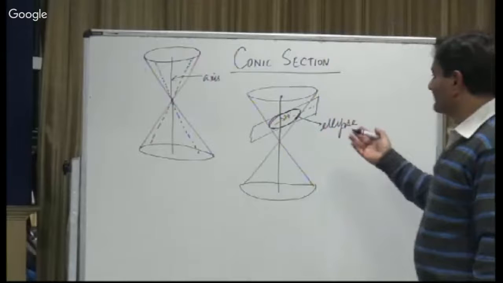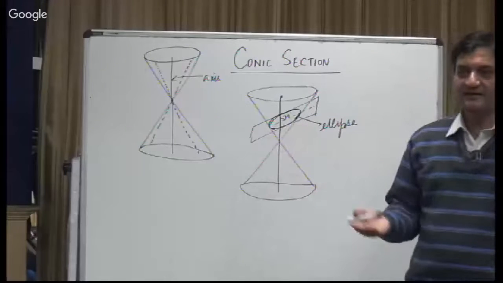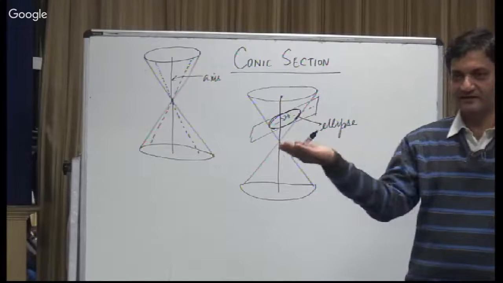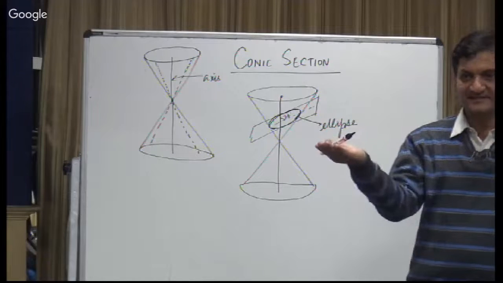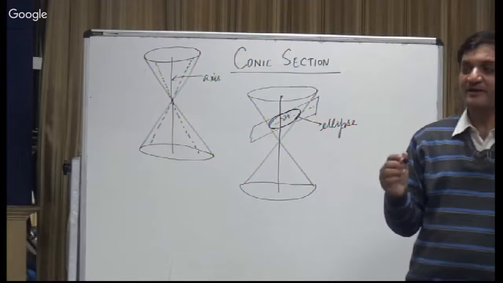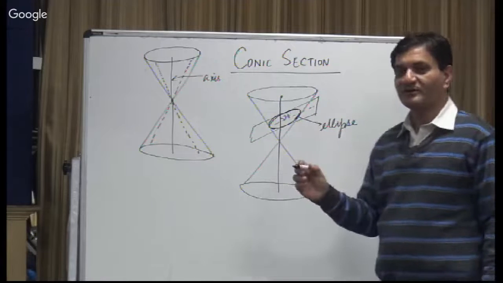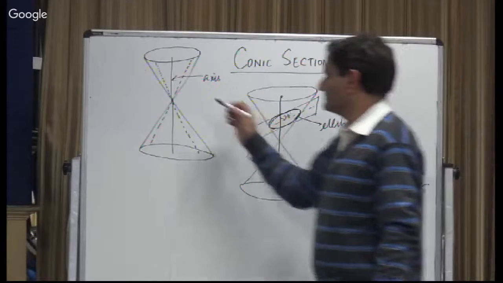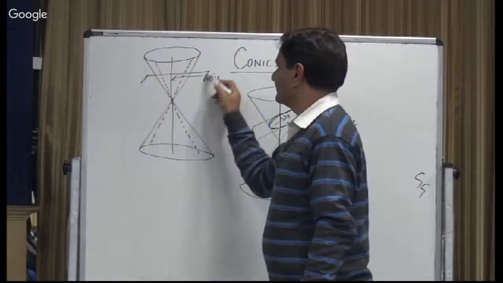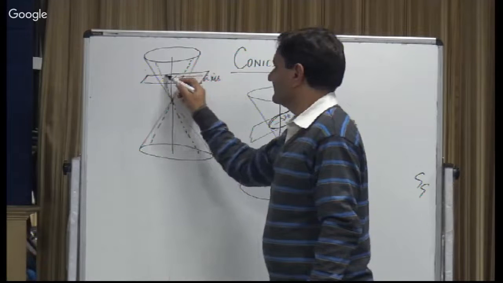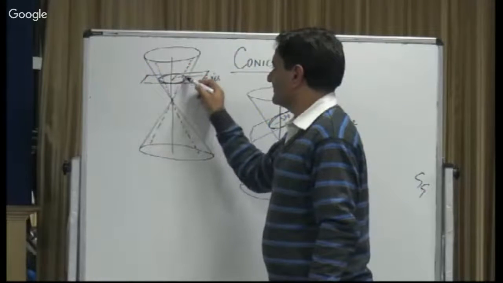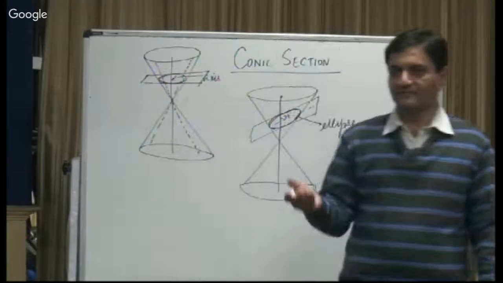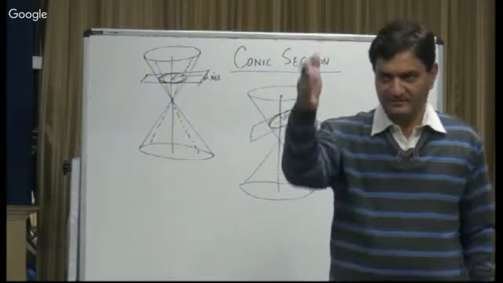Now in case this plane becomes perpendicular to the axis, then what will you obtain? We'll obtain a circle. So circle is also a conic section, like this. A circle will be obtained, right? When the plane is perpendicular to the axis.